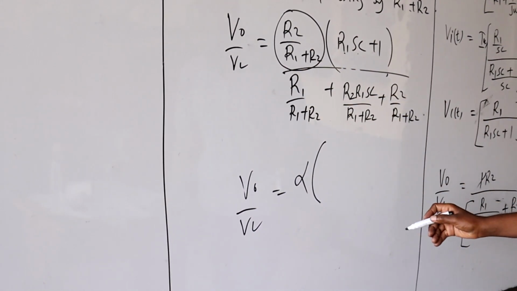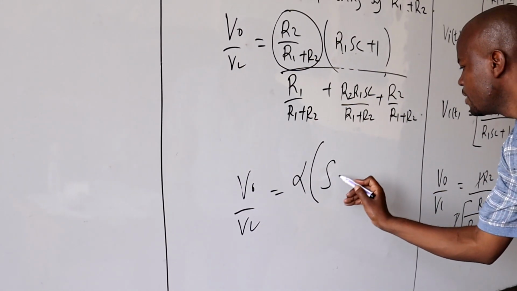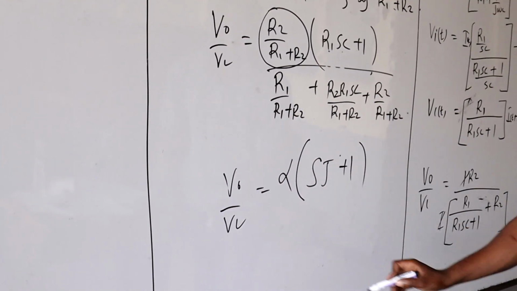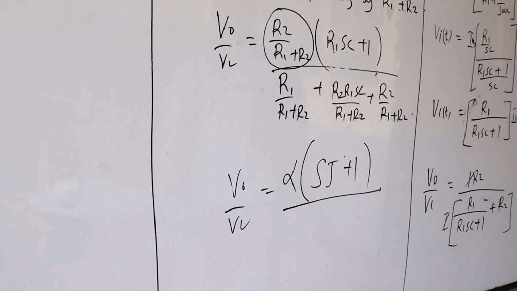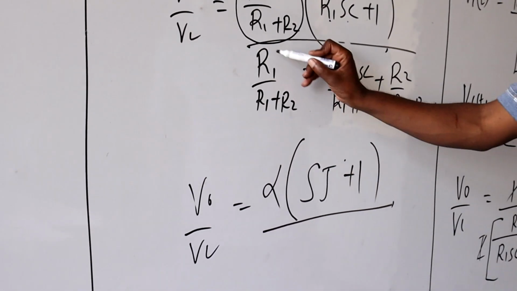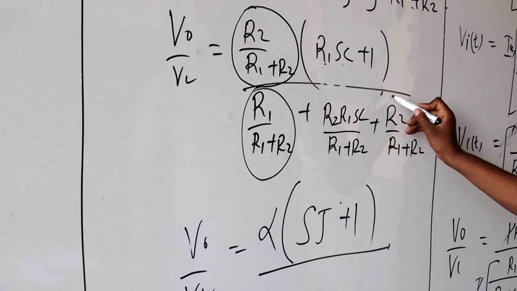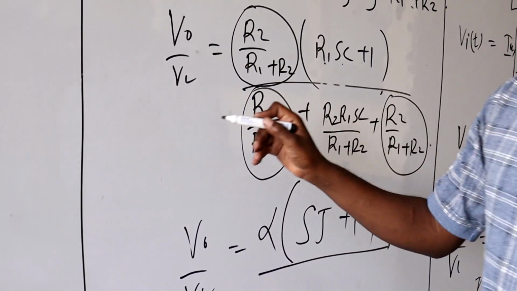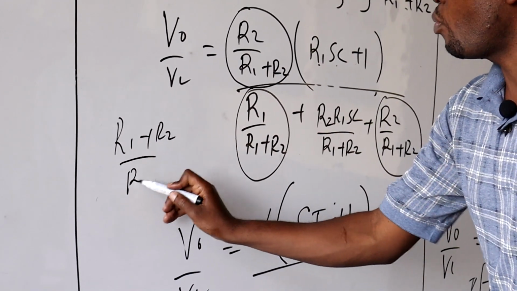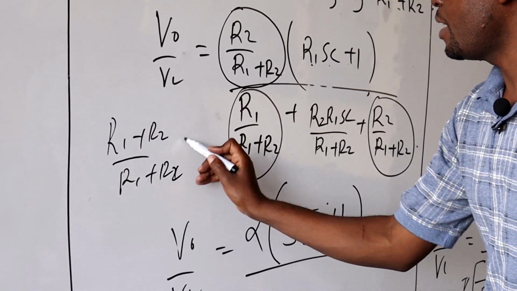So this one is going to be S tau plus 1, all over R1 plus R2 all over R1 plus R2, and therefore it's 1.